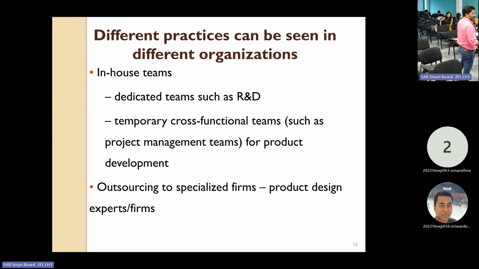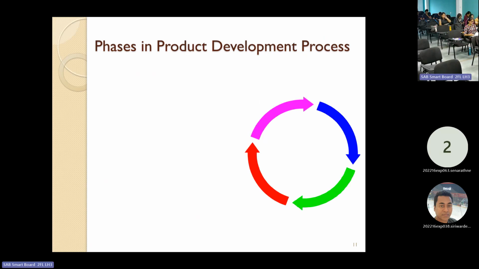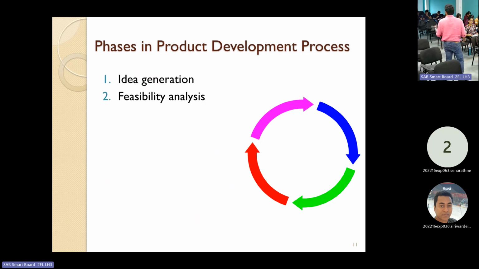In addition to that, we also understood that different businesses in different industries may have their own approaches, their way of designing products. But here we understood the best practice recommended for this.